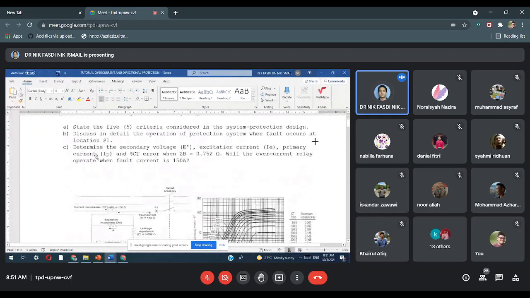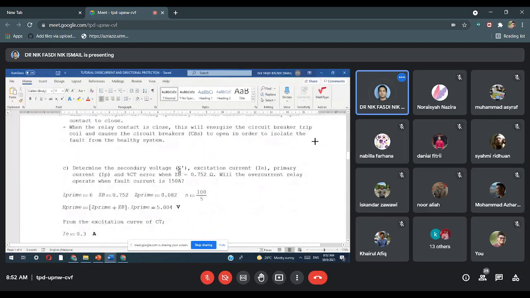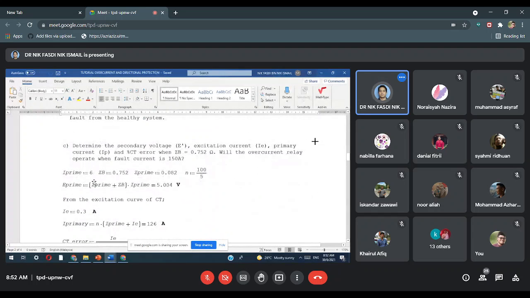Question C, determine the secondary current E prime, excitation current IE, primary current IP and CT ratios when ZB is 0.752 ohms with the current relay operate when fault is 150 amp. Okay, so kita sekarang ni you nak kira all these elements.